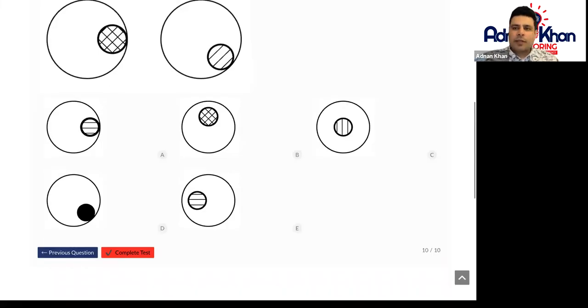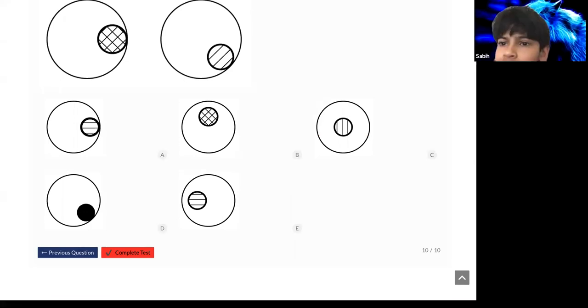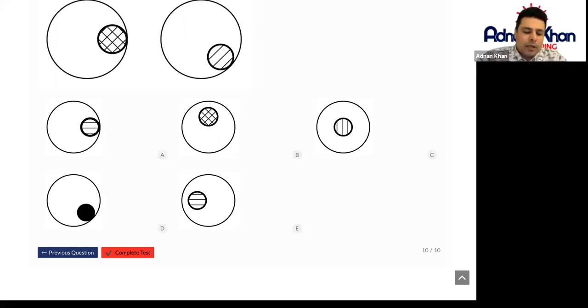Let's do one last one together, Sabi. So these particular shapes consist of a large circle with a small bold shaded circle inside. And the circle inside touches the edge of the big circle.